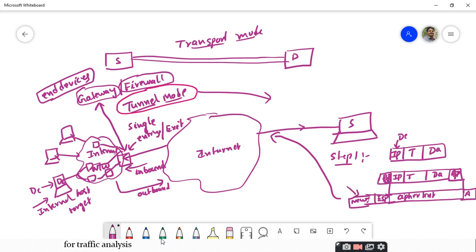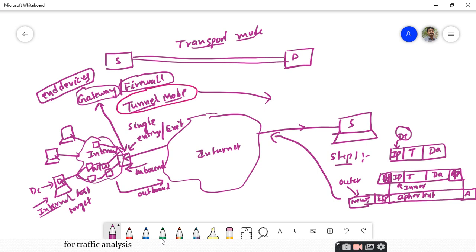Let me call this the outer IP packet, and this one the inner IP packet. The outer IP packet, as we have discussed, consists of the destination address of the end device, not the internal host device. The IP address of the internal host is present inside the inner IP packet.